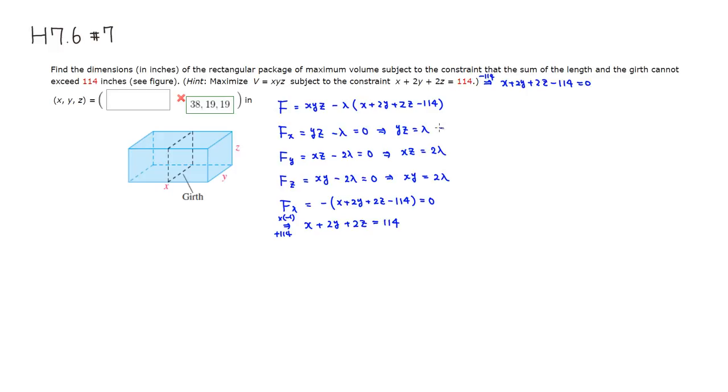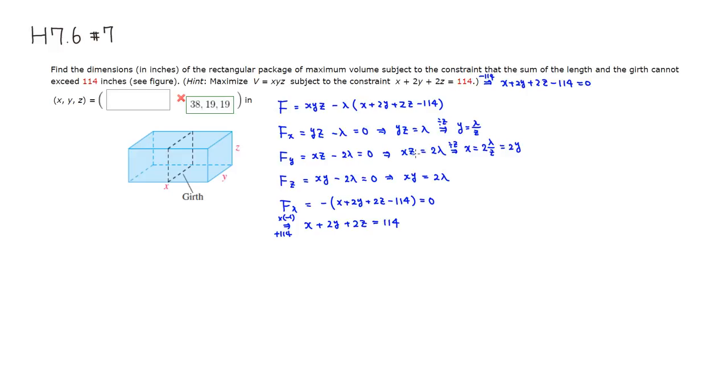Then I'm going to start solving. Let's solve this equation for y. So divide through by z, so y is equal to lambda over z. If you divide this equation by z, you get x is equal to 2 lambda over z, which is the same thing as 2y. So x is twice as big as y.